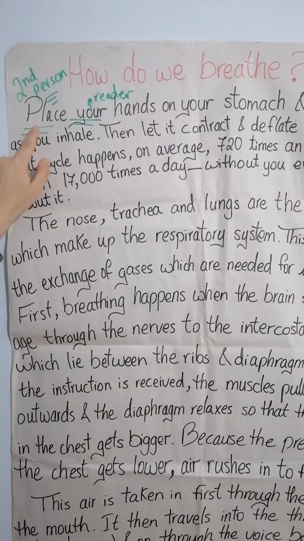Okay, let's proceed. The nose, trachea, and lungs are the main organs which make up the respiratory system. I would like to stop here because maybe one of the students would say, Miss, it's really silly to put such a piece of information, but I say no, it's not, because don't ever assume that the reader knows everything.